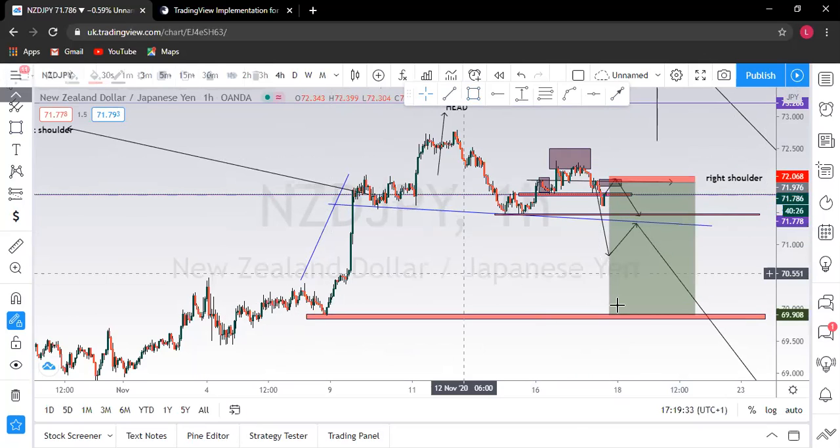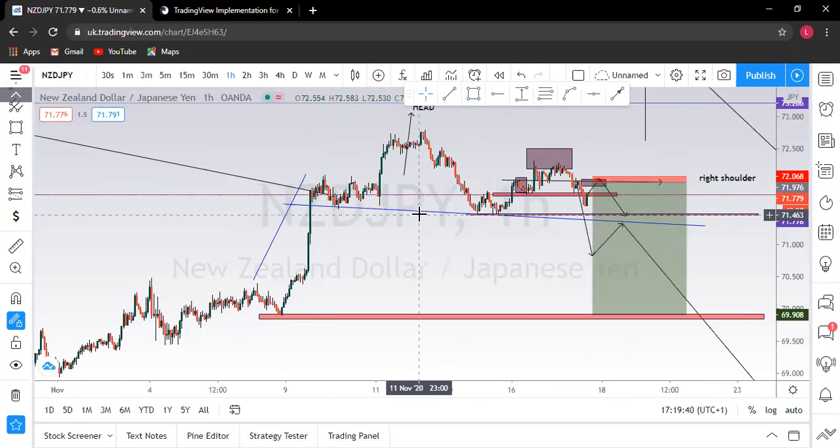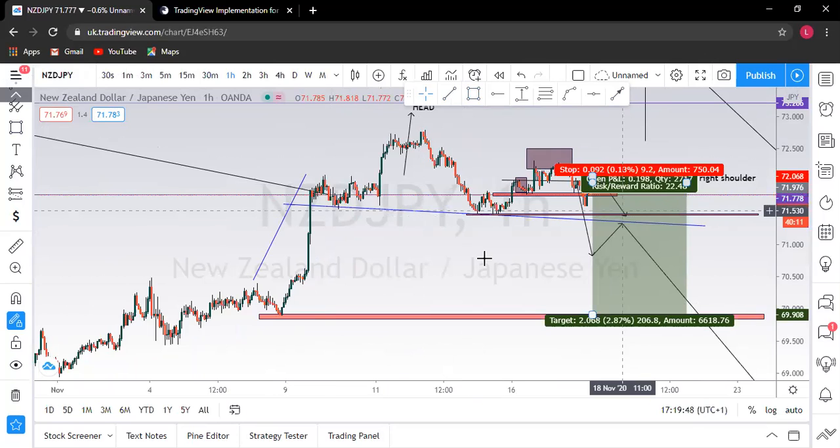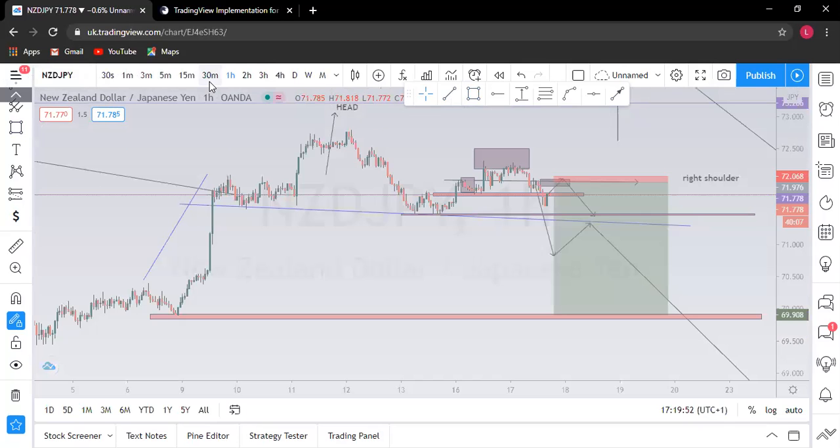That's like 206 pips thereabouts. Can you see it? So that is how those things work. So you understand. So let's go on 30 seconds and see what happens on 30 seconds as well.